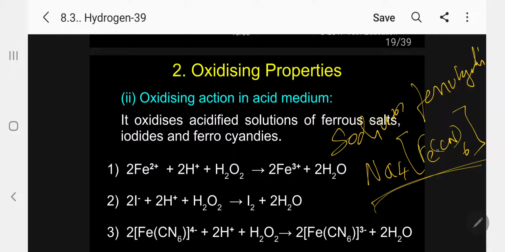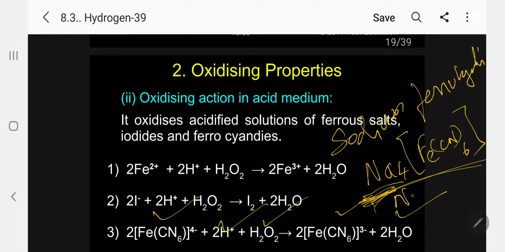The oxidation state of iron is +2. Kindly follow. So here let me explain now, [Fe(CN)6]4-. Because why am I writing 4 minus? Sodium 4 plus. Oxidation state of iron inside the coordinate complex is +2. In the presence of acid medium, the peroxide undergoes reduction to water. This is going to ferricyanide.